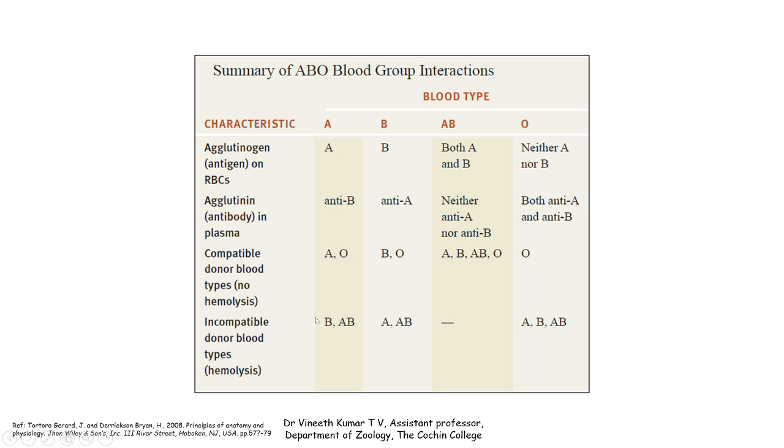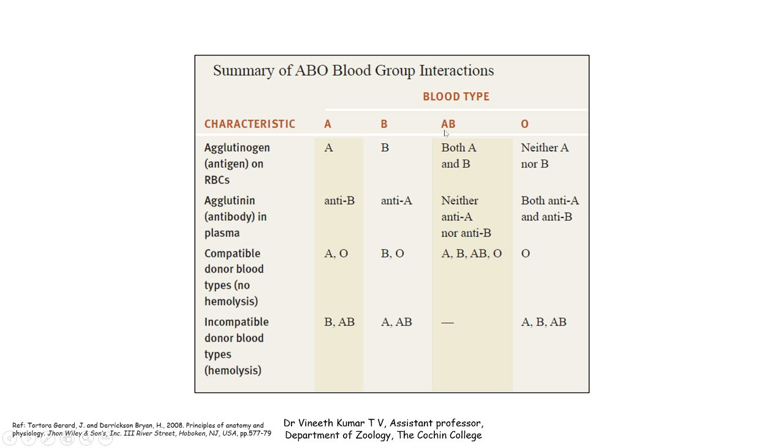The incompatible blood for an A blood group person is B as well as AB. Coming to the B blood group person, he has the antigen, or agglutinogen, B. The antibody is anti-A. Compatible blood is B and O, and incompatible blood types are A and AB.